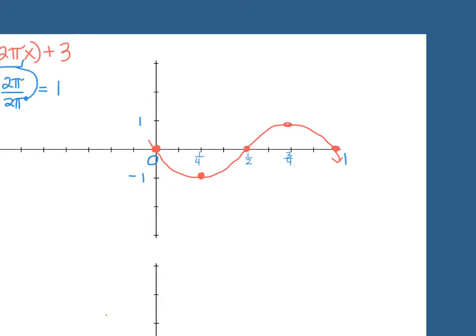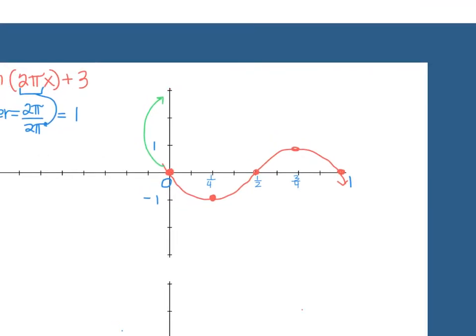Now we're ready to translate this in what direction and how much? Up 3. So all of these dots you need to drag up 3. So I'm going to pull this up to 3. I'll pull the one below it up 3, up 3, up 3, and up 3.